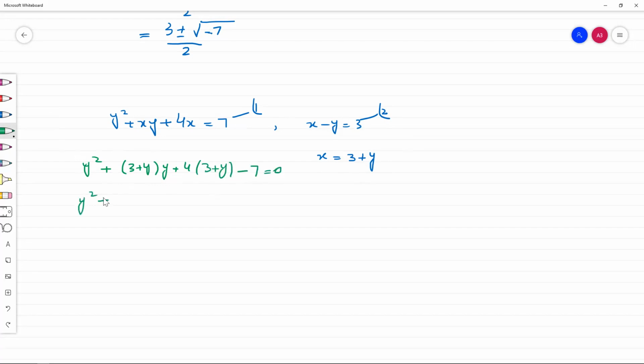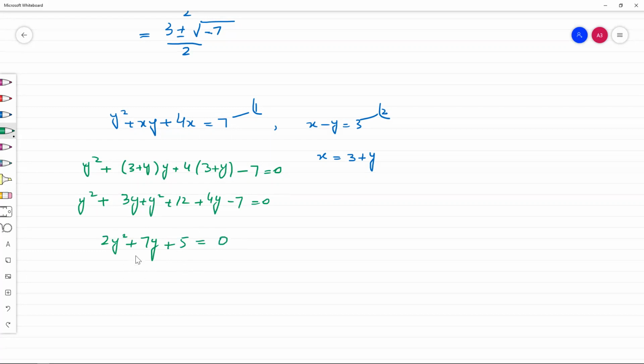So y square plus 3y plus y square plus 12 plus 4y minus 7. 2y square, plus 3y plus 4y becomes 7y, and then 12 minus 7 becomes plus 5, is equal to 0.